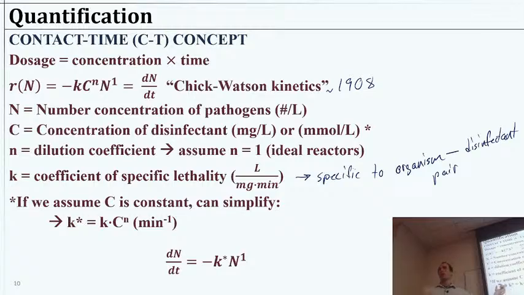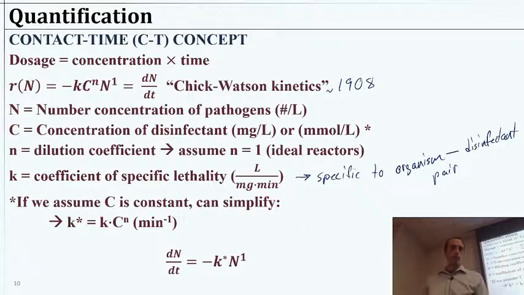If we did an experiment and observed the outcome, K times C in per time units, typical of a first order reaction, would match the observations we made. So then we could write dN/dt equals negative K star times N to the 1 power. So first order reaction. This K would then just be an overall or observed rate constant, a combination of those two.